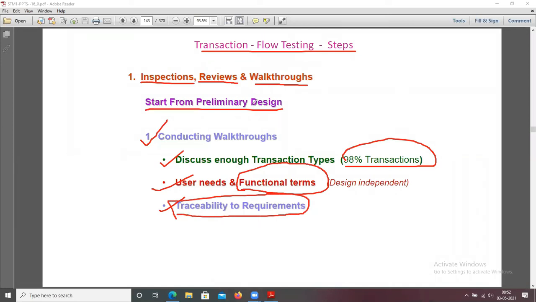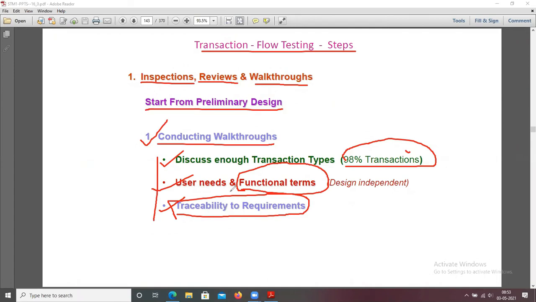So the first one is conducting walkthroughs. What does a walkthrough mean? It's a training session or knowledge transfer session about a process or technology. In conducting the walkthroughs, we discuss these things: enough transaction types to account for 98% of the transactions the system is expected to process, and paths through flows in functional rather than technical terms.